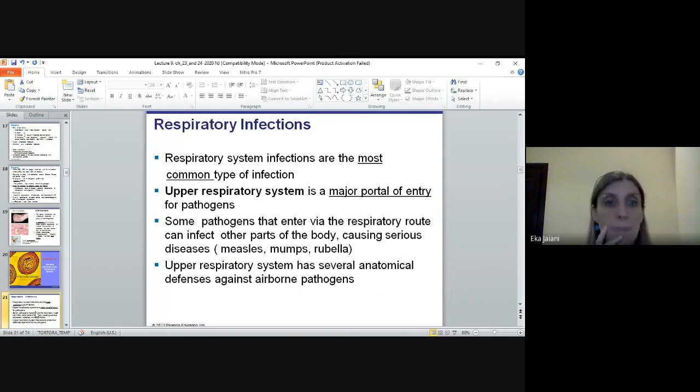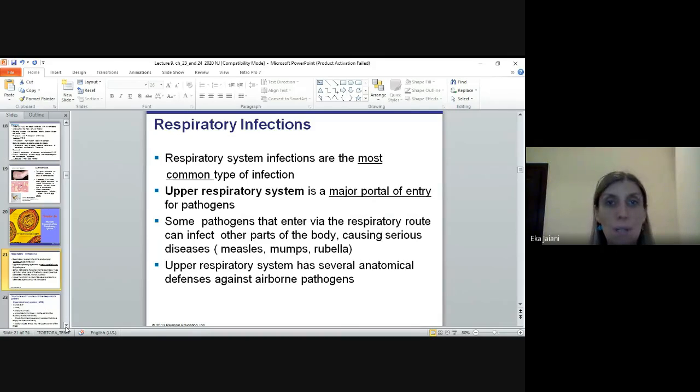So, too much material to cover. I will not go through again parts of the respiratory tract, the anatomical description of the anatomy of the respiratory tract. I have removed those slides. So respiratory infections are very, very common. They can be either bacterial or viral.